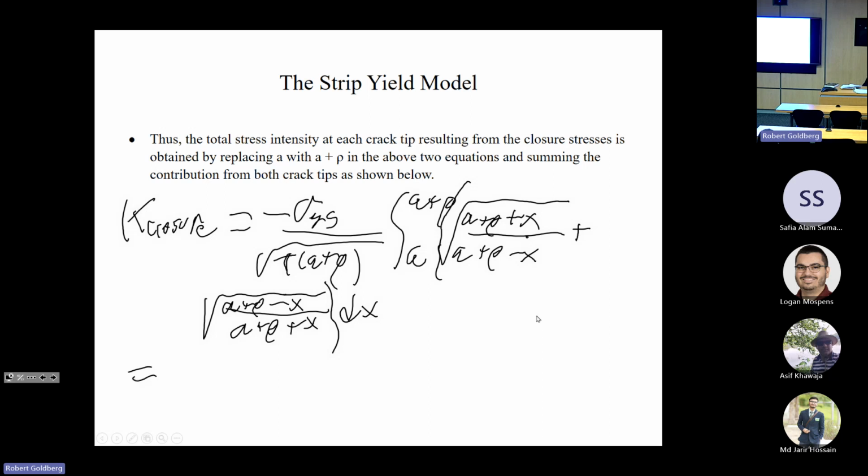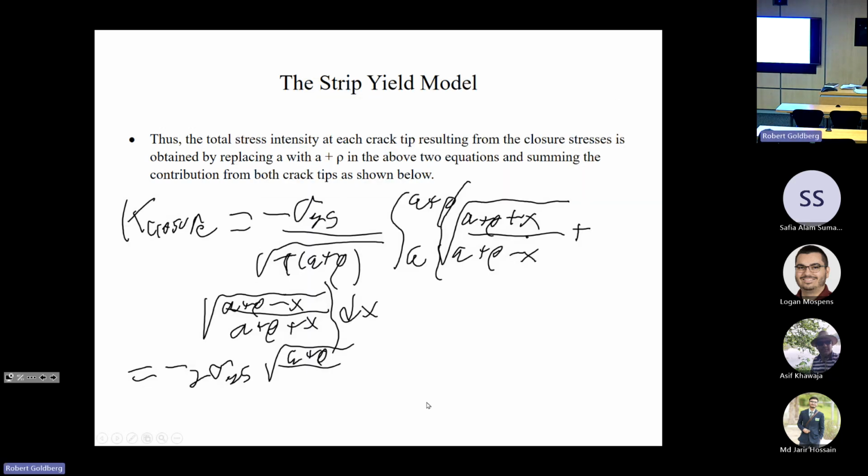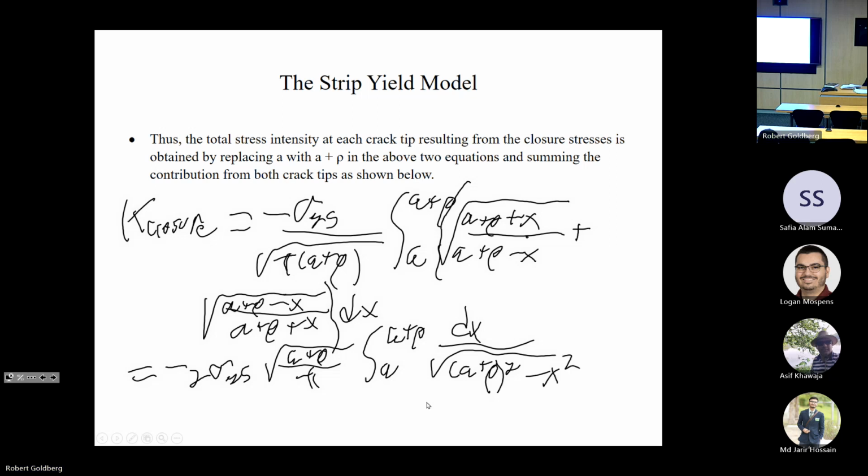So what we end up with is negative 2 times the yield stress times the square root of (a plus rho) over pi, integral from a to a plus rho of dx over the square root of (a plus rho) quantity squared minus x squared.